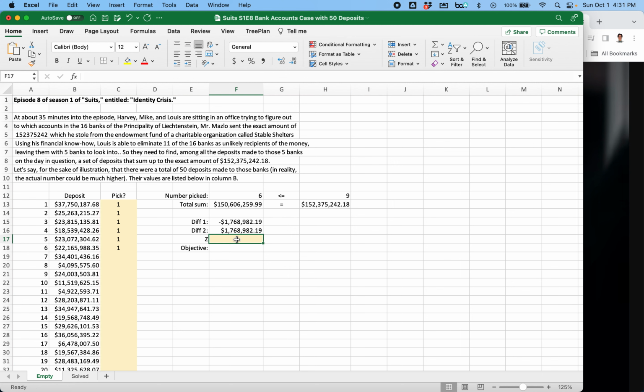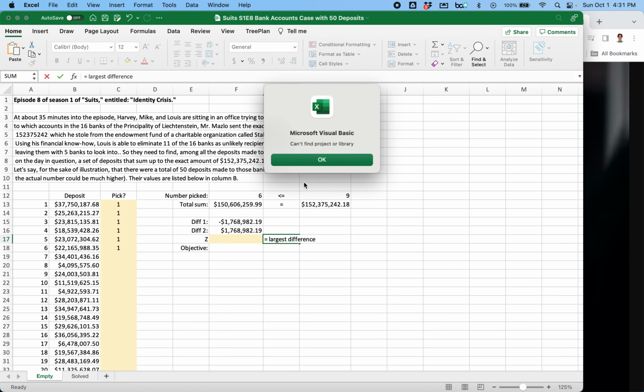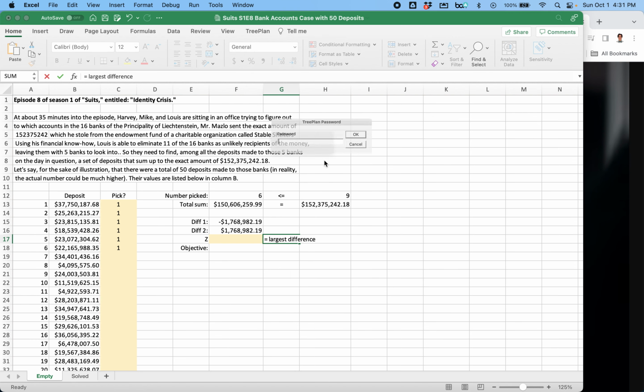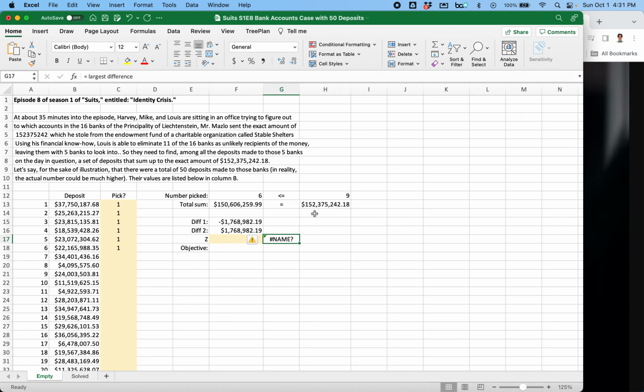So the z variable is going to be equal to the largest difference. And this largest difference is going to be either positive or negative. All right? So when I'm setting up the optimization, here's what I'm going to do.